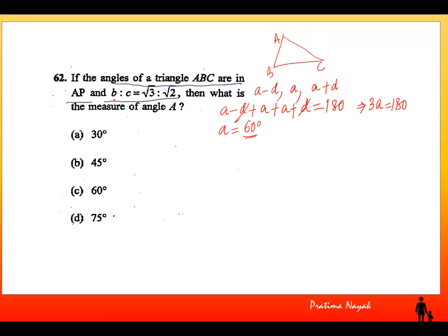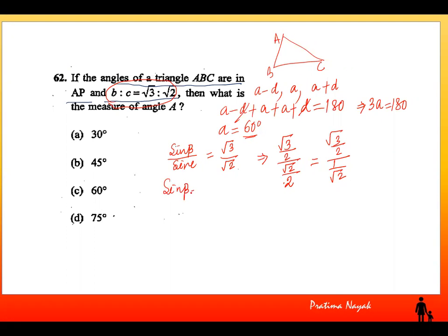So now coming to trigonometric ratio. This is your small b, means it is the ratio of sine b upon sine c is equal to root 3 by root 2. So I'll divide this by 2. Why? So that I'll get trigonometric values. This is equal to how much? Now root 3 by 2 by 1 by root 2. That means sine b is equal to root 3 by 2.